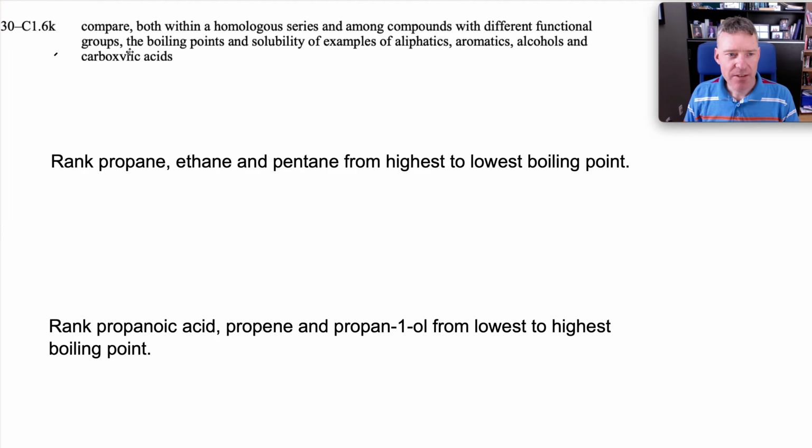So we're through a lot of the first general outcome. You should be able to do boiling points within a homologous series. So within a homologous series, you're looking within a series of maybe anes or enes or ynes. I have a few members of a straight chain ane series: propane, ethane, pentane.